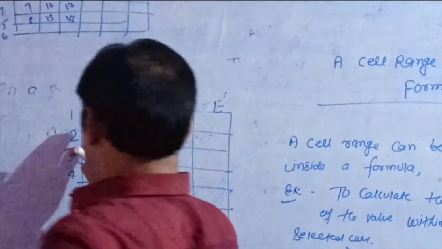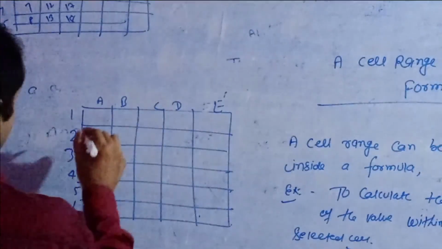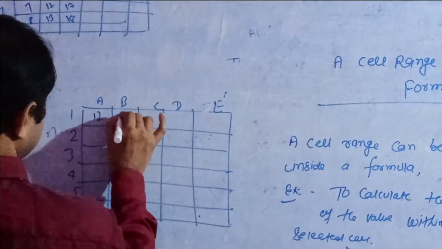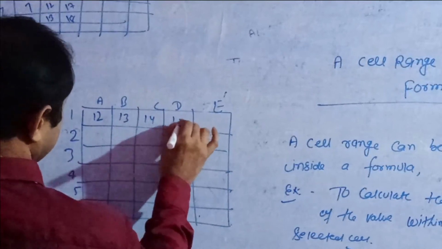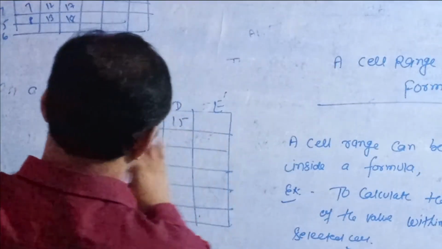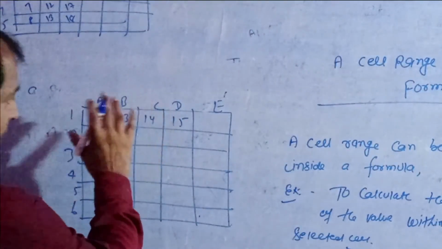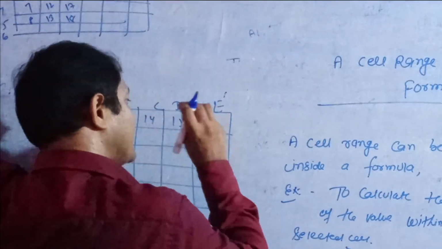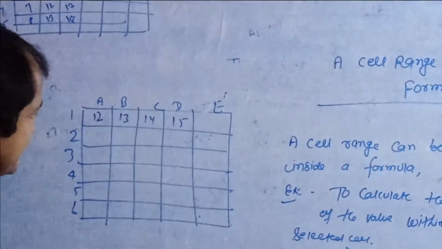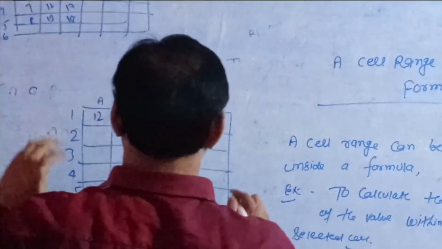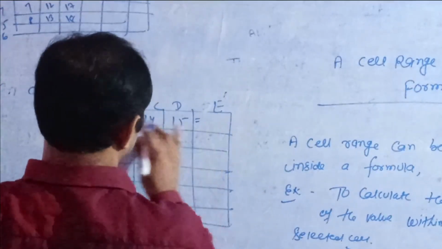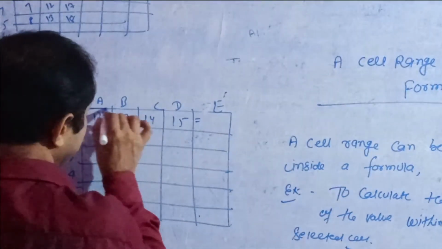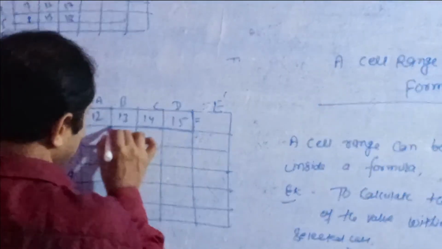Suppose this is the row and this is the column. The values 12, 13, 14, 15 are added and the total is put in E1.